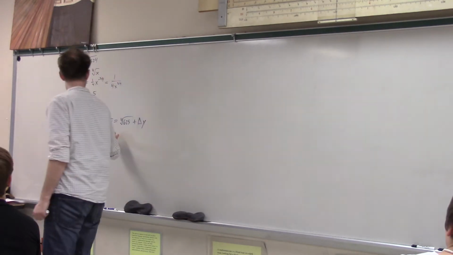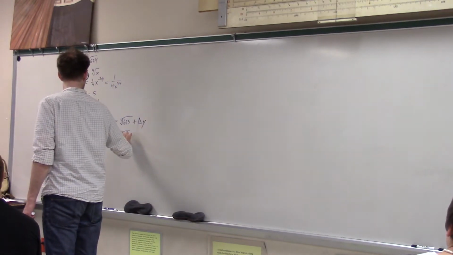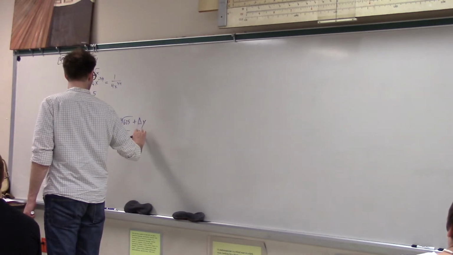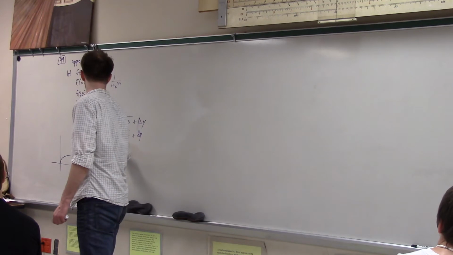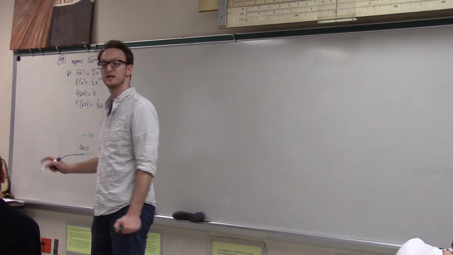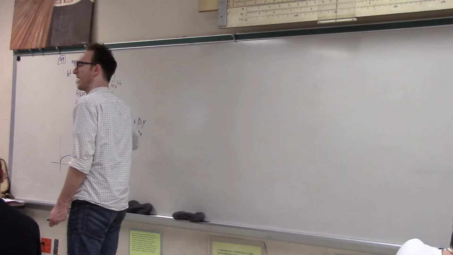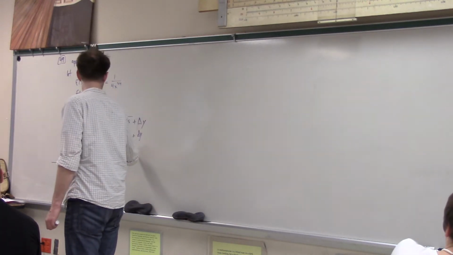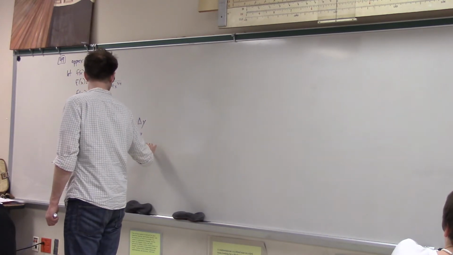And that is approximately equal to the fourth root of 625 plus dy. Okay, and this we know to just be 5. And well, what is dy? dy is just like dy/dx basically, right? It's just f prime of 625 times dx.